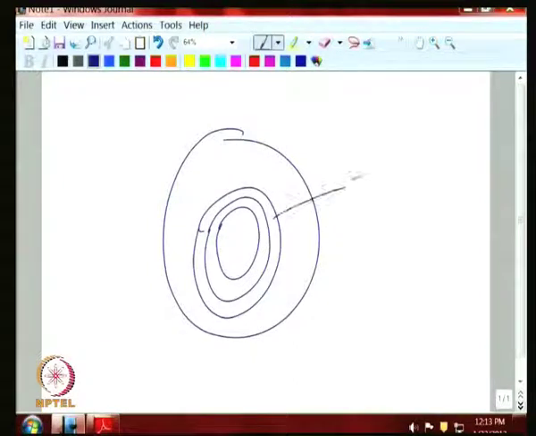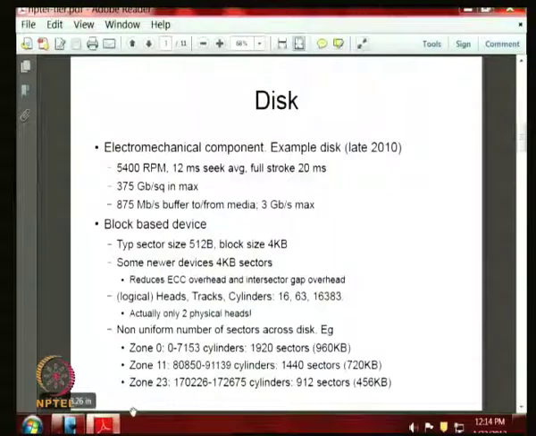Okay, these are called tracks, and your head can be from anywhere here all the way to outside. So any half distance, from here to here, is usually given by the term average seek time. Okay, half. On average, you could be anywhere and you want to reach any other place, so you have to cross half the number of tracks. So that's basically what the 12 milliseconds is.